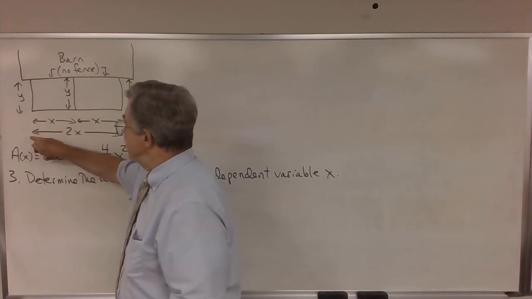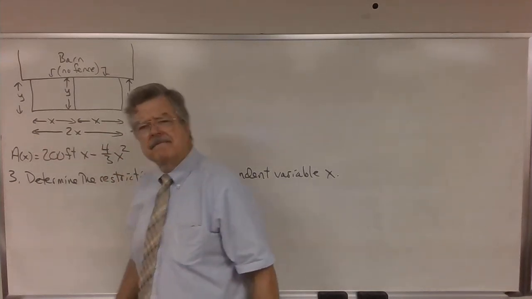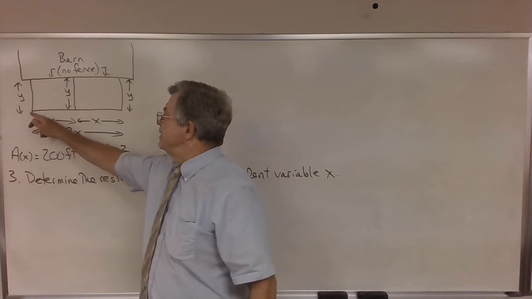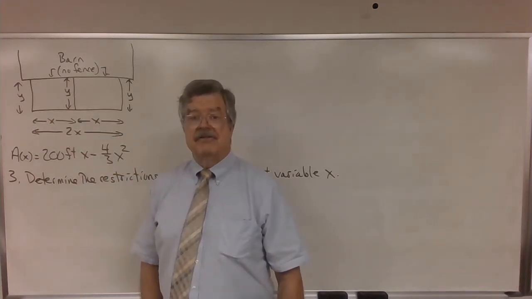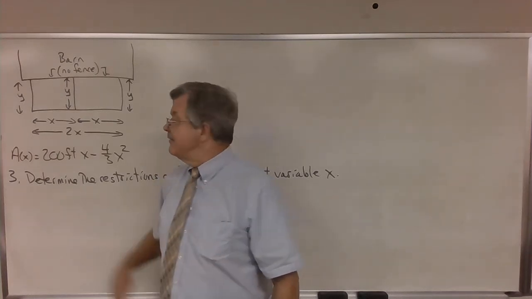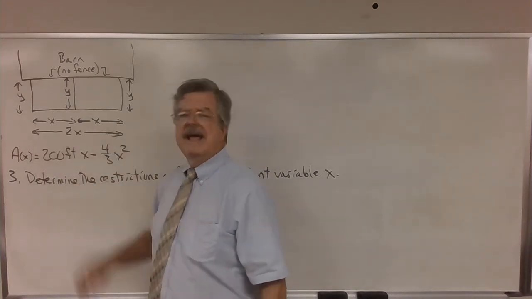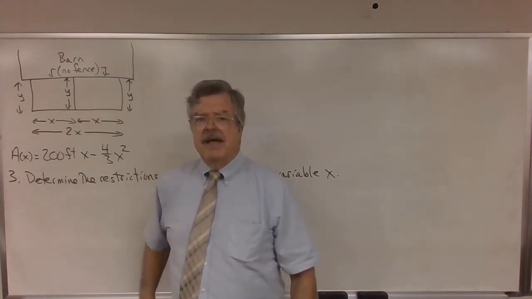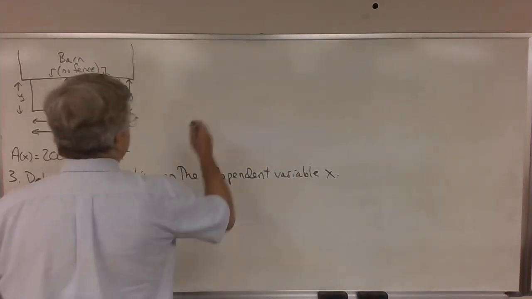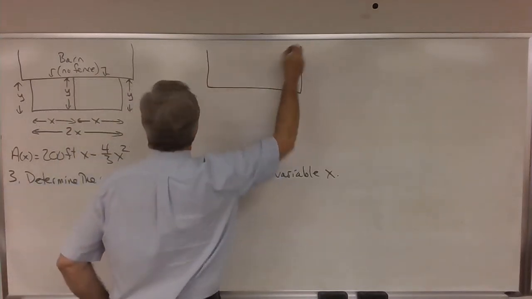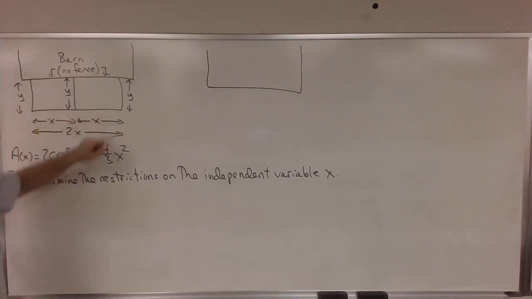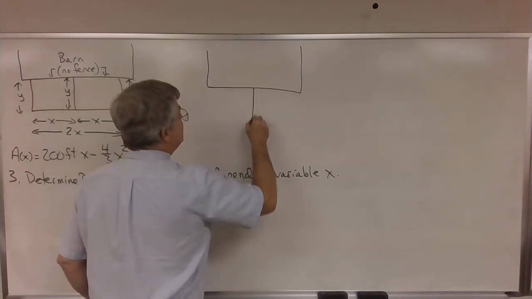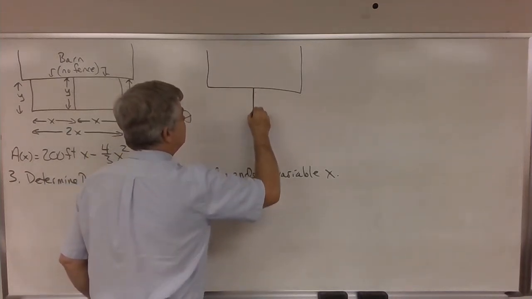So let's see, 2x is the length of this side. What's the smallest that we could make the length of this side? We could make it 0, couldn't we? And if the length of this side is 0, that means that x is 0 too. And so in that case, here's what the pen is going to look like. We don't have any fence here, but we have these 3 pieces of length y laid right one on top of the other like this.